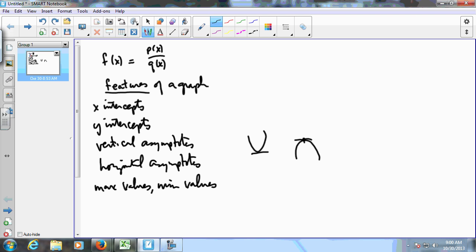And here's the kind of thing that you might notice, that the x-intercepts of f of x, that's where f of x equals 0, p of x over q of x, that quotient of polynomials, is equal to 0.